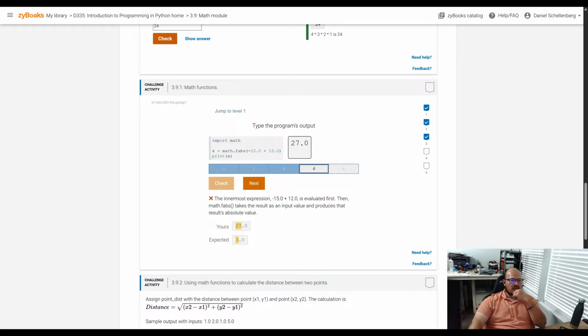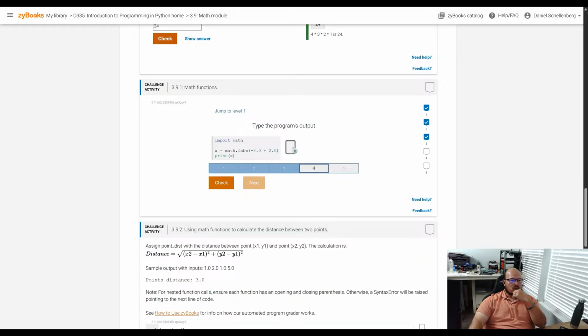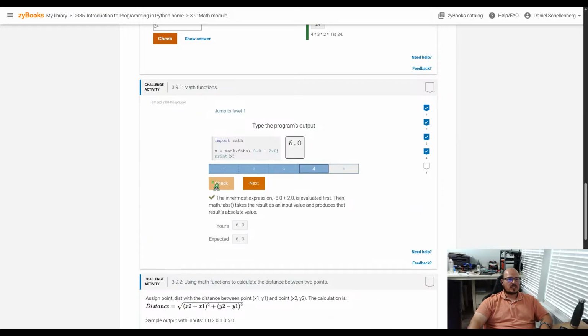So yeah, okay, that makes sense. So with this one, if I'm understanding correctly, you do negative 8.0 plus 2.0, which is negative 6.0, and then you drop the negative. So this should be 6.0, right? Yes.